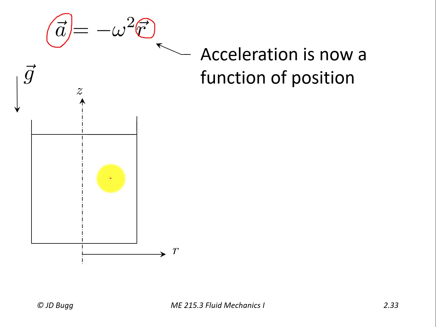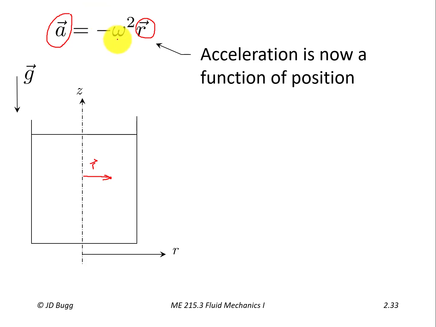So if we take a point in the fluid right here, then this vector would be R, and it has some magnitude and its direction is directed away from the center like that. Well, the acceleration of that fluid is in the opposite direction of that. It's a centripetal acceleration, accelerating towards the axis of rotation. So that's why there's a negative there.